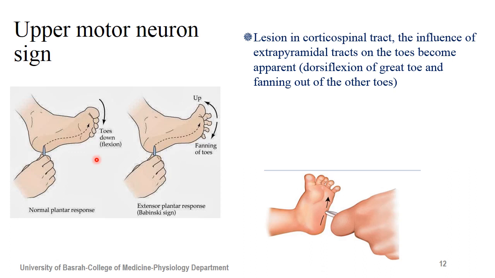هذا normal response. But if the patient has an impairment of the pyramidal tract, he will have another response يسمونه extensor plantar. هسه normal response نسميه plantar response، نسميه plantar flexion, because we have flexion of the toes.